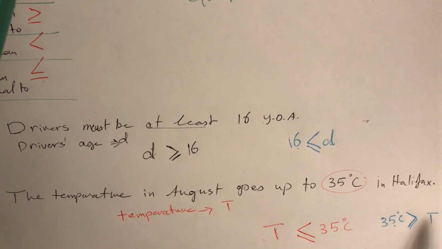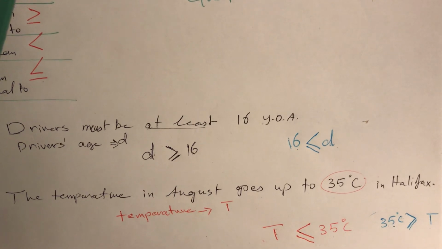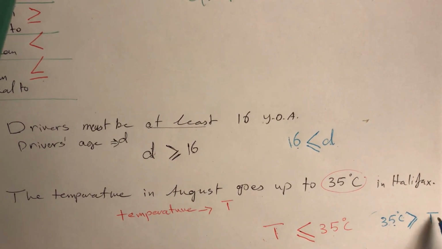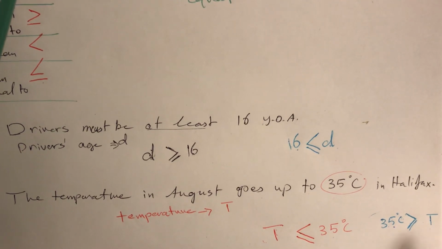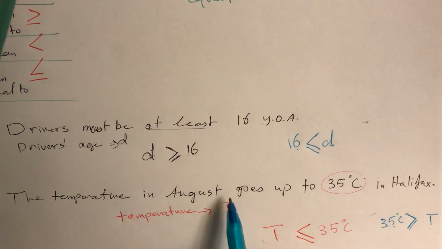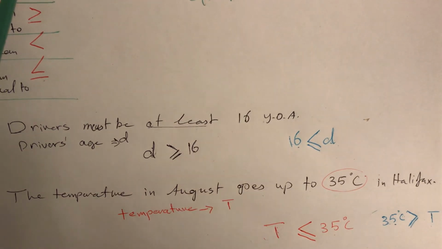No, it's not. If you put 37 here, that would make it an incorrect inequality, because 35 is not larger than 37. If you pick something like 2, that would be terrible for August, but a temperature of 2 would agree. That would not make the statement wrong. It would just be a terrible day in August. Have a good day.